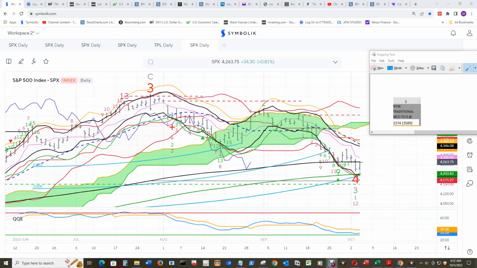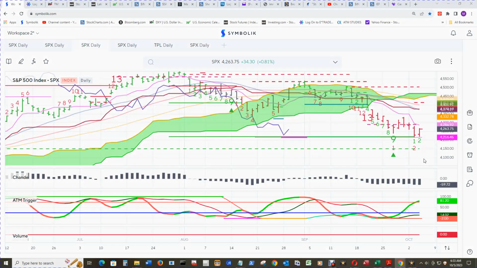So this 3589, that's just about every single instrument in the NYA. And even though there was some pressure relief on yesterday's bar, the Chande momentum indicator on the 3rd was negative 58.40, and got worse on yesterday's bar, so negative 59.72.